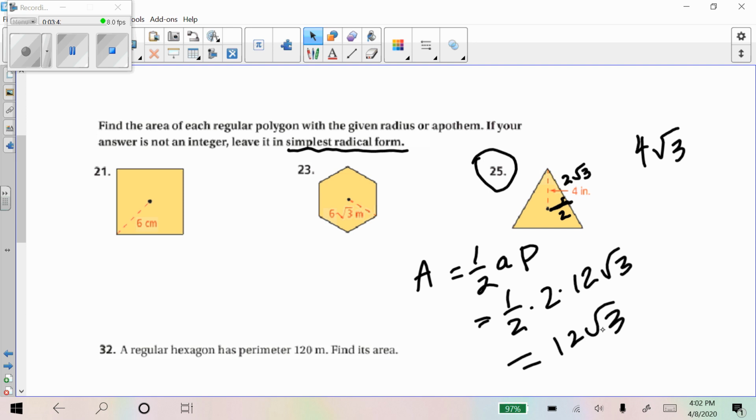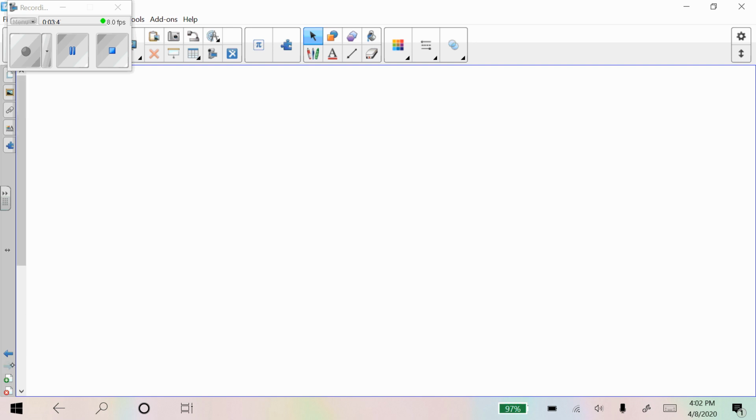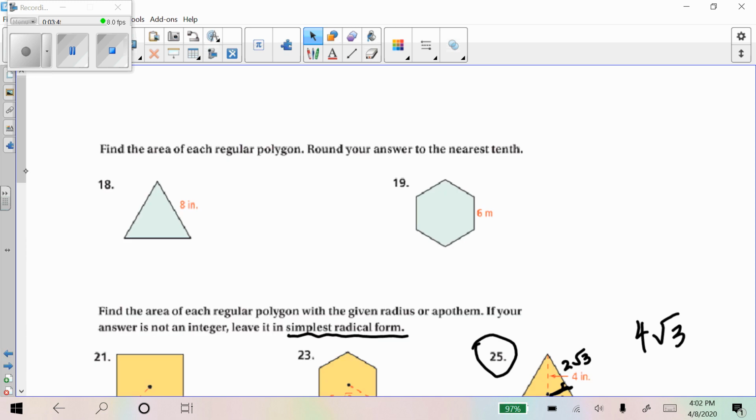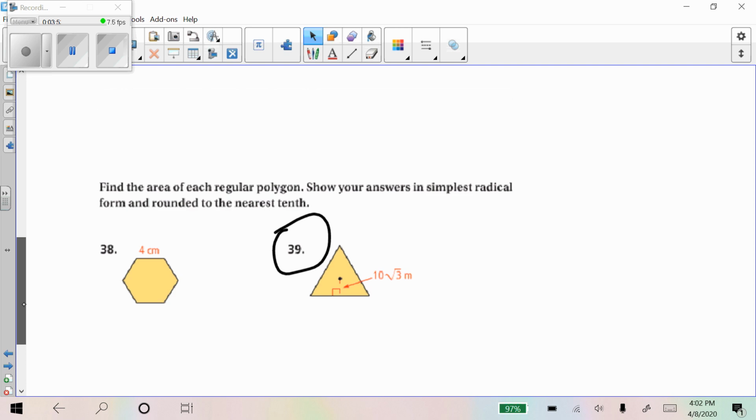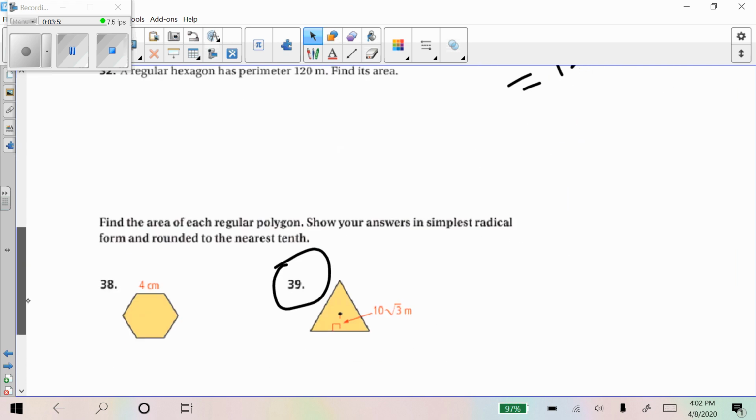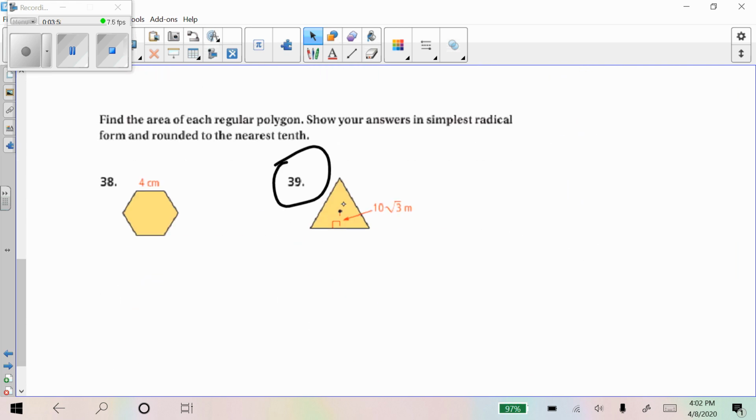All right, and then on one other one that some students had some difficulty with is number 39. It looks like a similar problem to the last one, just that in this one we're given the apothem. So A is equal to 10 times the square root of 3 on that one.